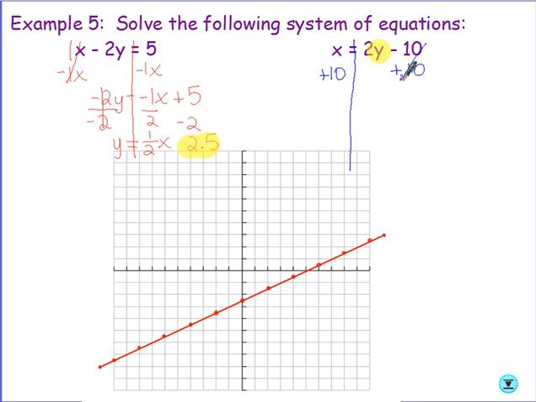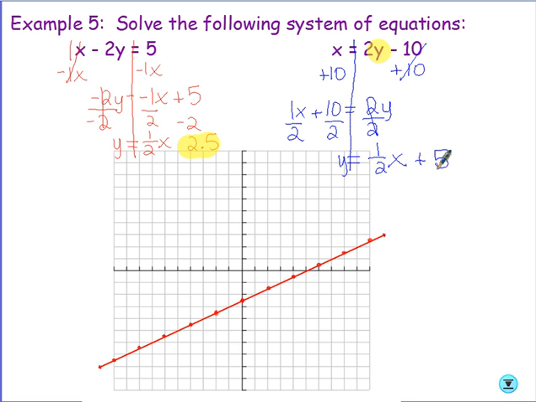I am left with 1x plus 10 equals 2y. I'm going to divide everything by 2. I am left with y equals 1/2 is already reduced, and 10 divided by 2 is 5.